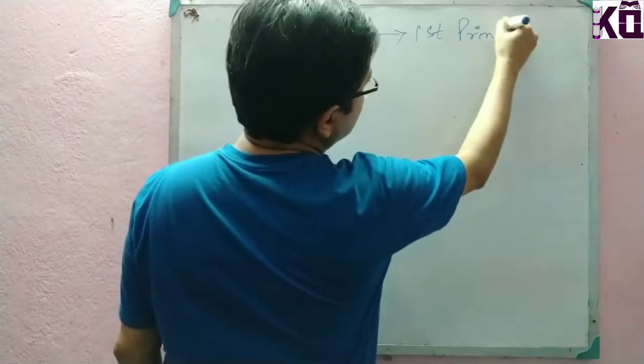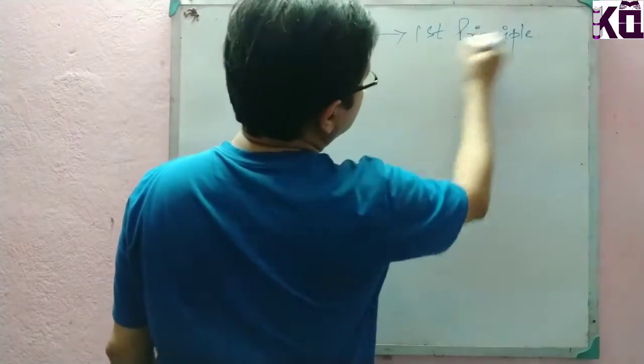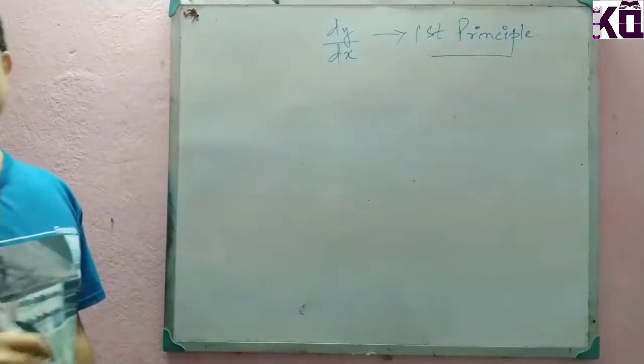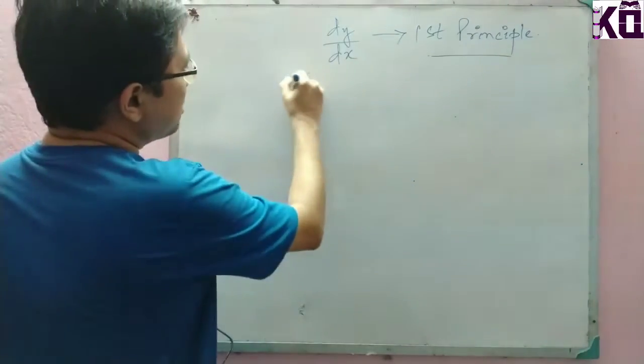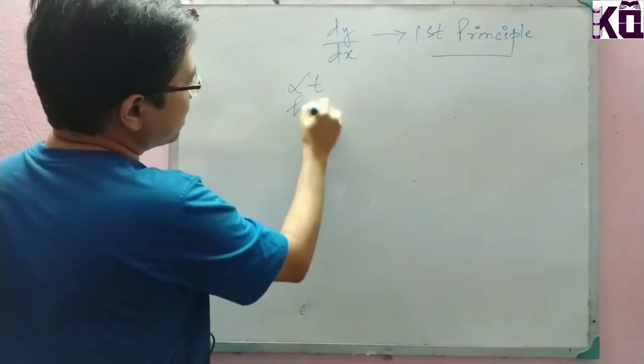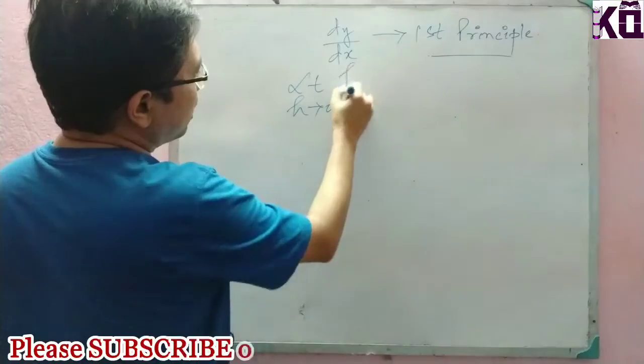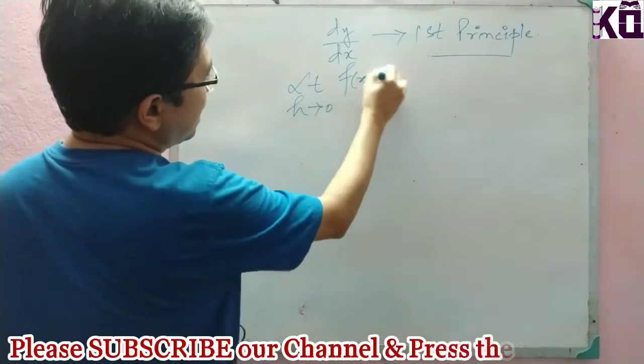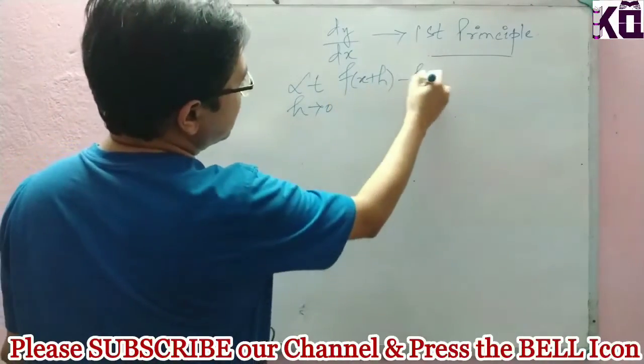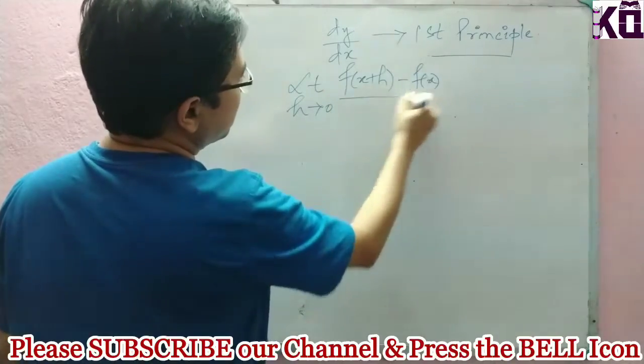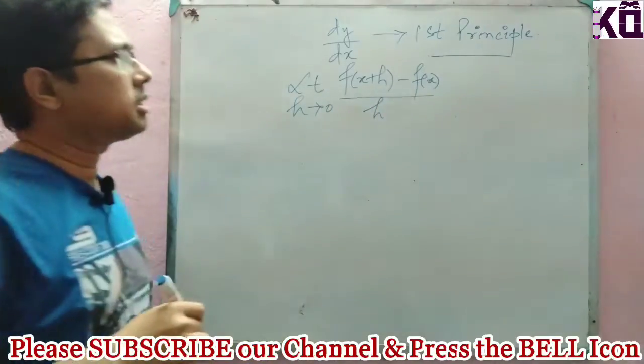What is that? With respect to the first principle, that is limit h tends to 0 of f(x plus h) minus f(x), divided by h.